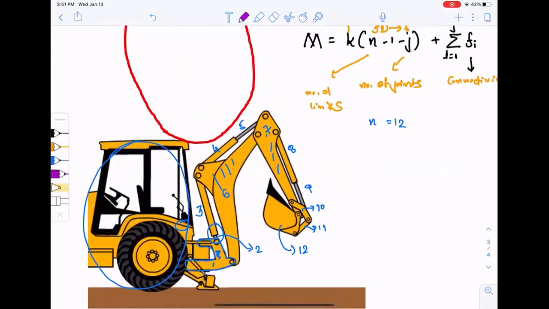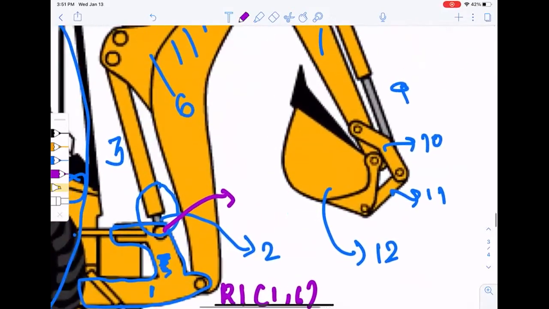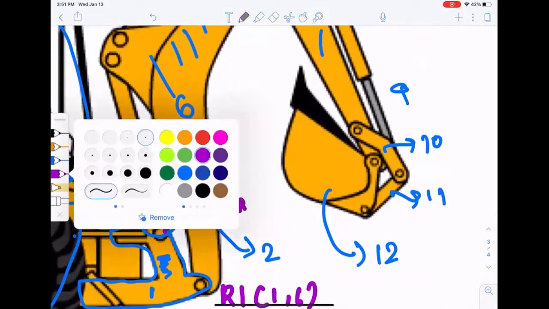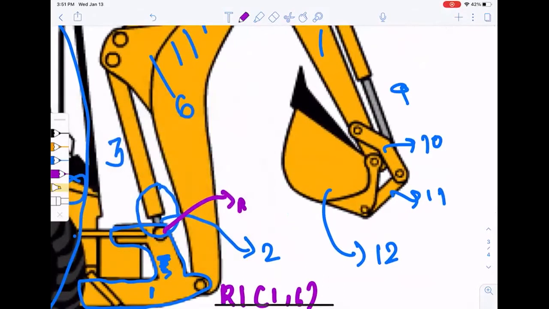Now let us quickly go over the number of joints that we have. Over here, this is the first revolute joint, R1, between links 1 and 6. Over here, let me zoom in, otherwise it will get messy quickly. R2 is between links 1 and 3.